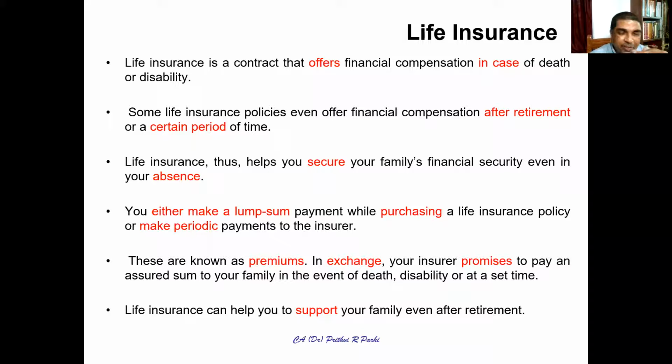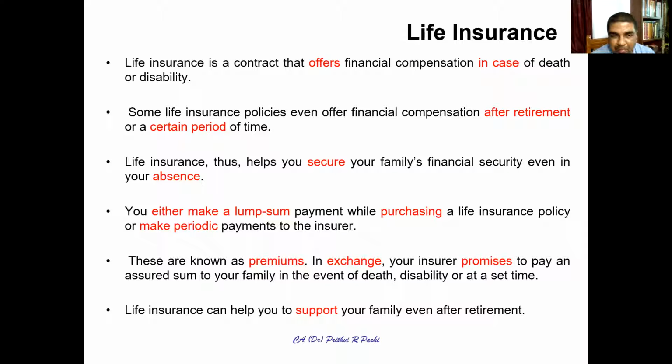How does this contract work? The policy holders, or the insured, pay some money to the insurance company, the insurer. The money which is paid is called premium. This premium can be paid in lump sum or in installments, meaning periodically, maybe monthly, quarterly, or annually.